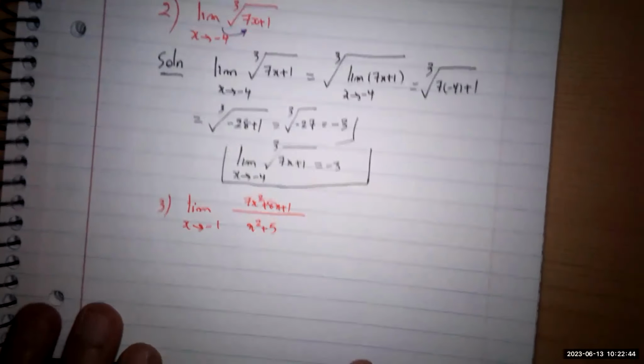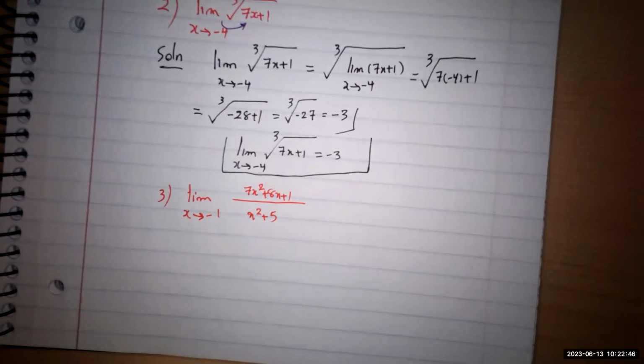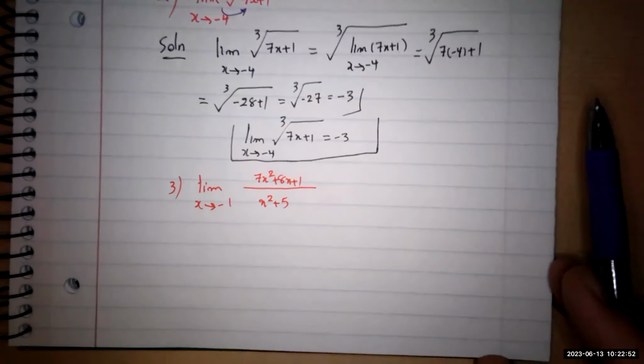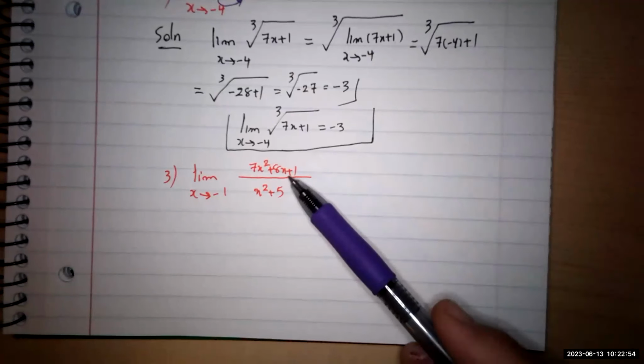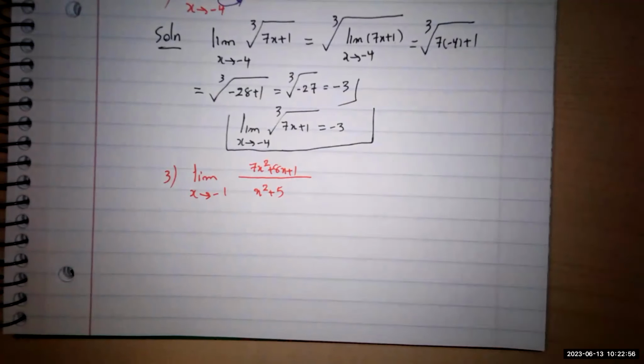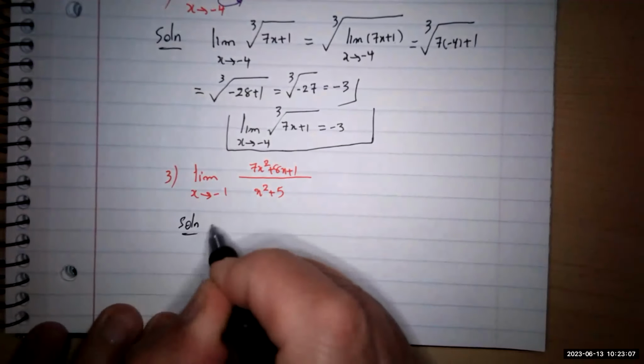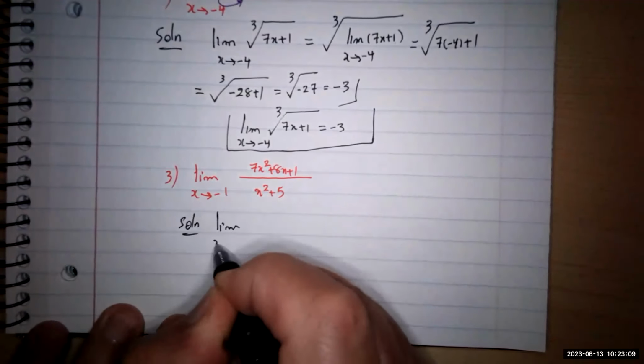It is a quotient function. For the quotient function, you have to find the limit of the top divided by the limit of the bottom. What type of functions are the top and the bottom? Polynomials, and you know that for the limit of polynomials, we use direct substitution. That's it.